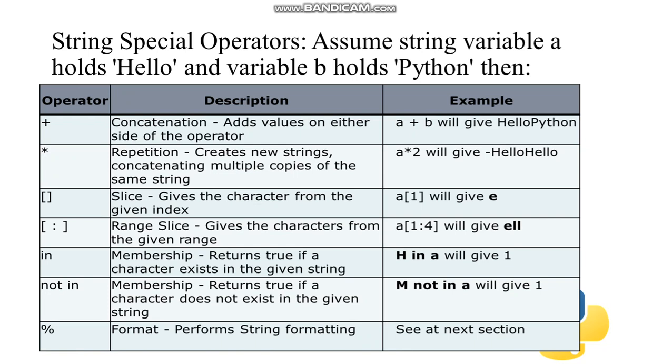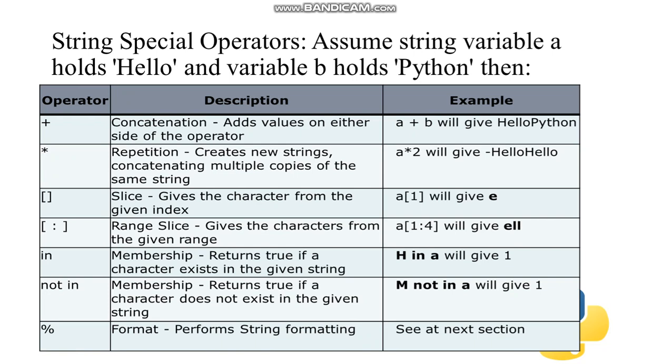Next is slice. It will give me a character from the given string at the given index. If I want to access a single character from the string, I have to specify the index of that letter. So if I write a of 1, it will give me E. Next is range slice. It gives the characters from the given range.